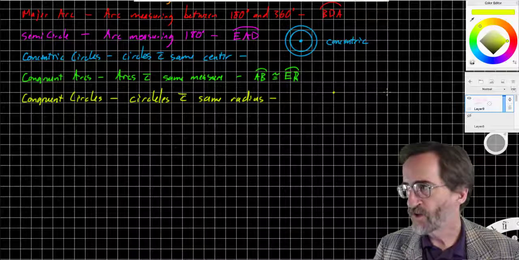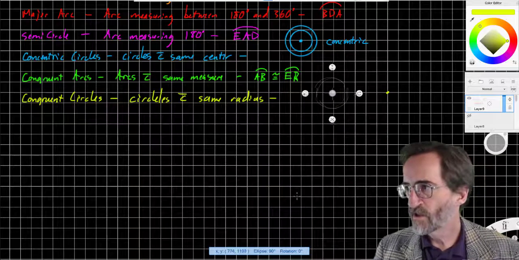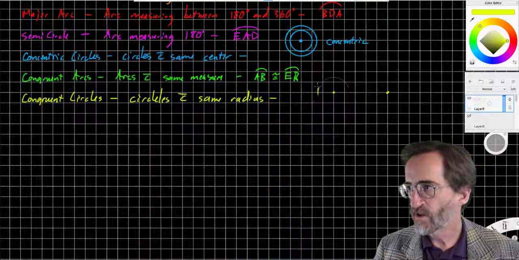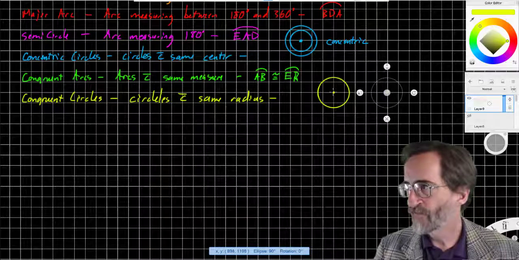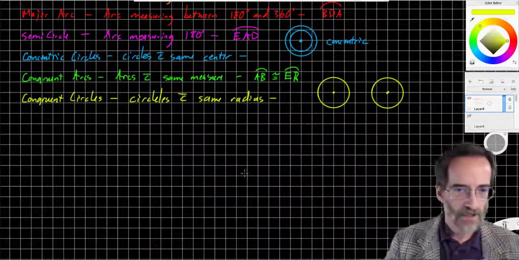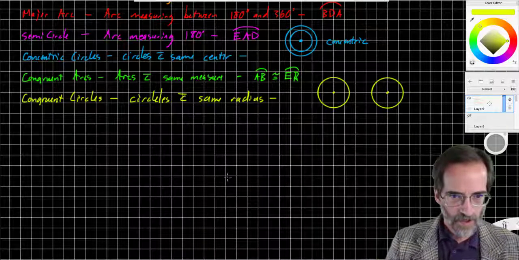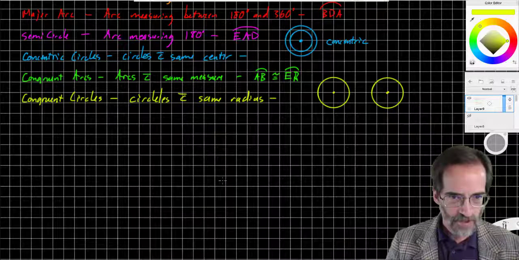So I'm going to draw a pair of circles, different centers, but same radius. And they will be congruent circles. Congruent arcs we did, congruent circles we did.